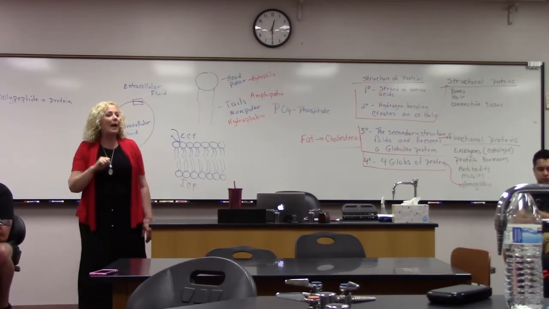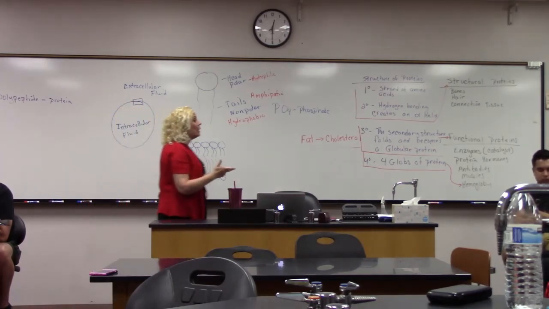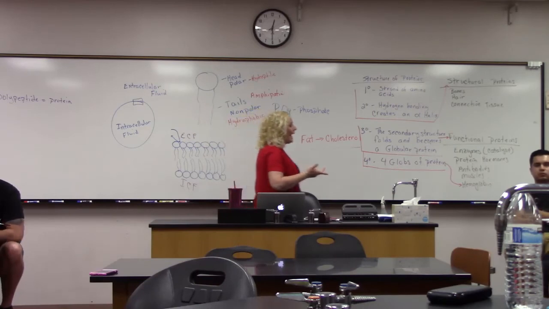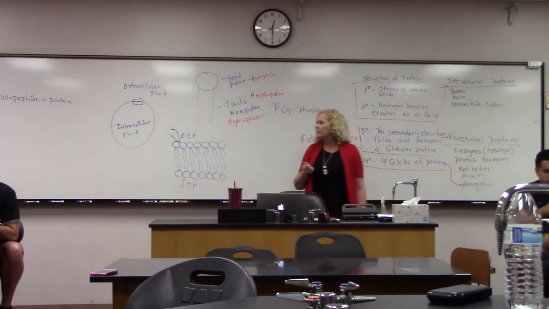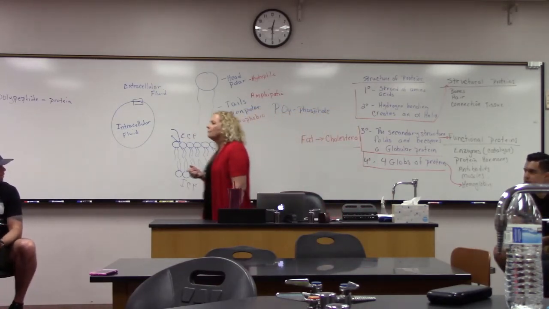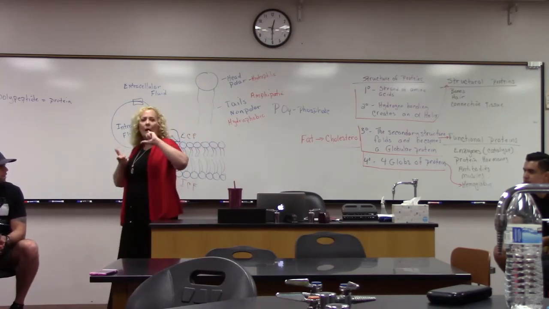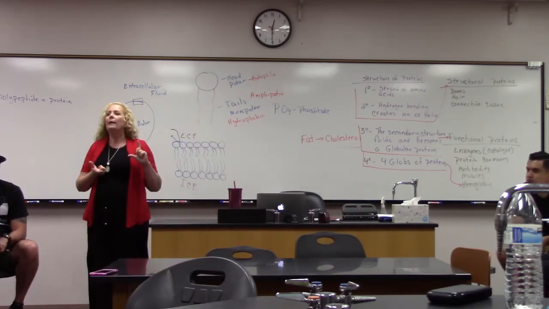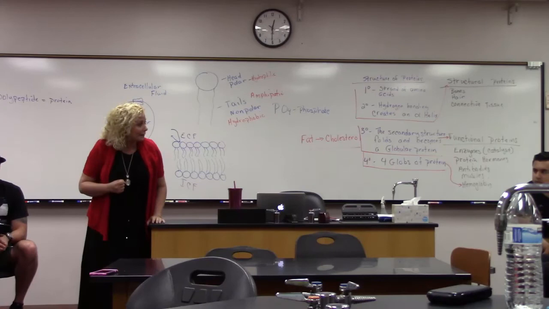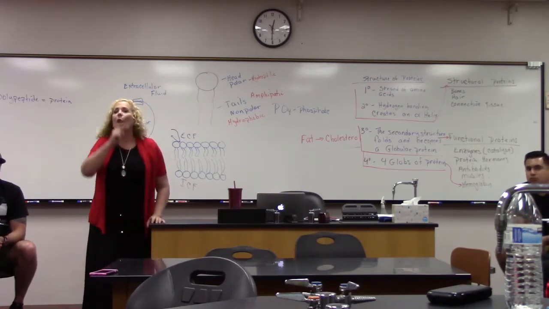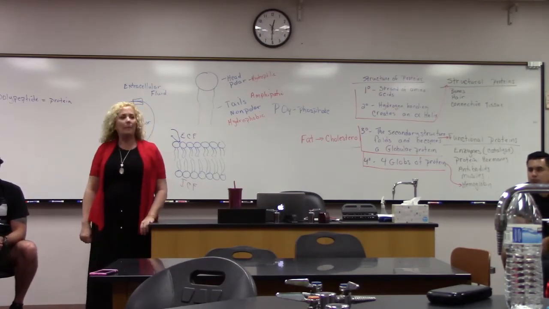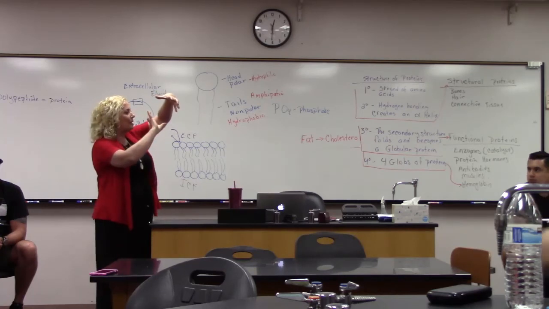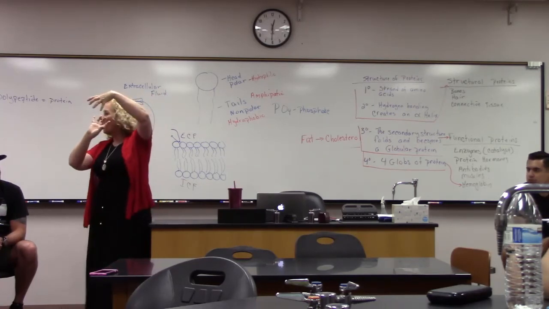We also have enzymes, which are biological catalysts. What's a catalyst? It speeds up the reaction. It can speed up a reaction, okay? And catalysts, our enzymes, are always going to be tertiary globs. When this protein is in one shape, the enzyme is off.